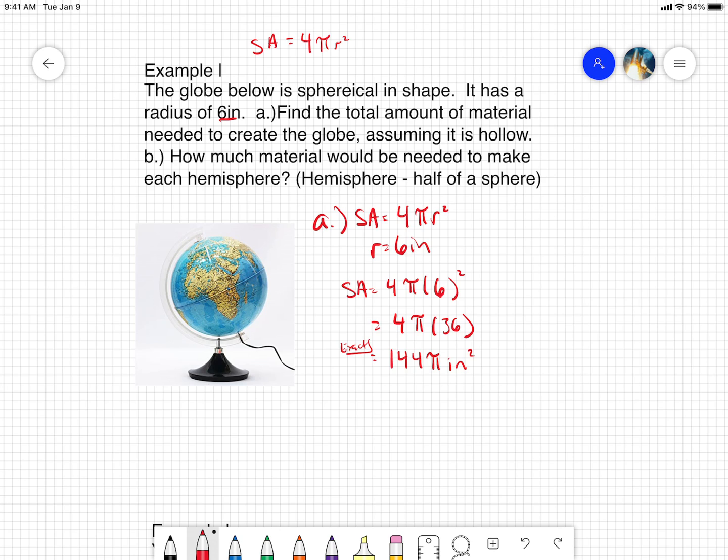But if we want to think about an approximate, because how do I cut exactly 144 pi inches using scissors, for example, if I want to cut wrapping paper? It doesn't really work. So that's why we approximate this.